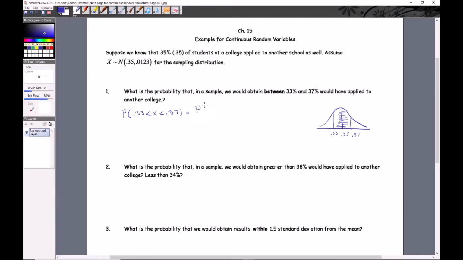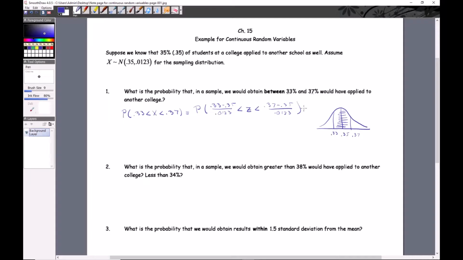Who knows? All right, so that'll be (0.33 minus 0.35) over 0.0123, that's an easy one to remember, less than z, which is less than (0.37 minus 0.35) over 0.0123. And just for grins, I'll do it the old school way.